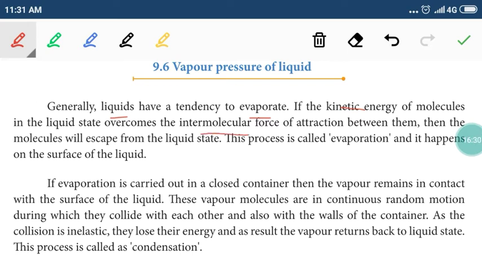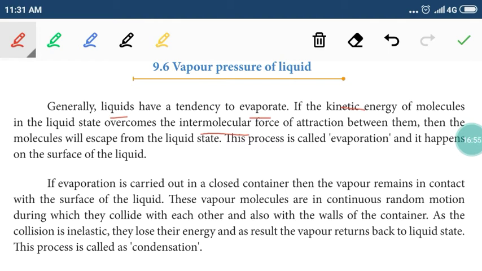You take water. When we heat water to 100 degrees Celsius, it becomes water vapor. What happens? When the temperature reaches 100 degrees Celsius, the kinetic energy is greater than the intermolecular force. In water, hydrogen bonding is there, intermolecular hydrogen bonding. Comparing that, the kinetic energy will be more, so the water molecules are converted from liquid state into gaseous state.